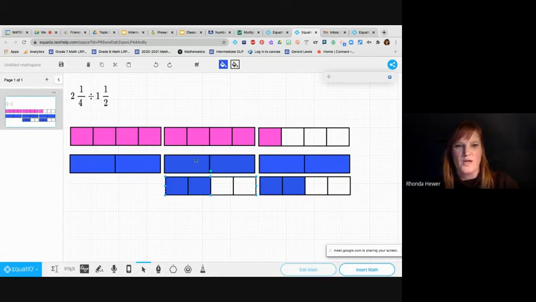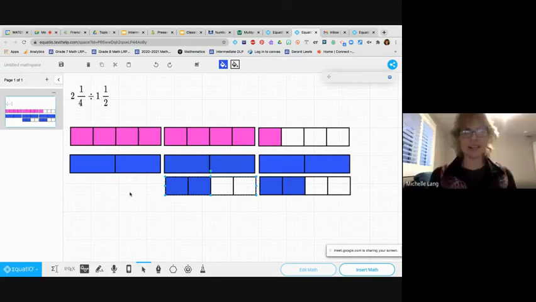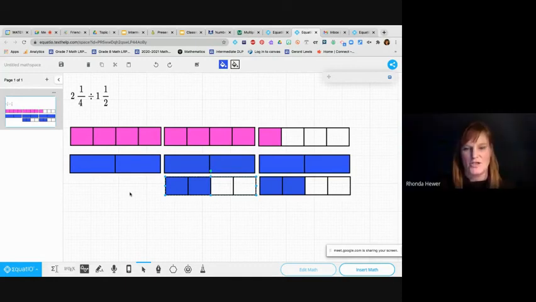So I've got 1 1/2 once, and then I have it 3 out of the 6 squares. So it must be 1 1/2 is the answer. So 1 1/2 goes into 2 1/4 1 1/2 times. Michelle? Yes, that totally makes sense. Is that good? Okay.